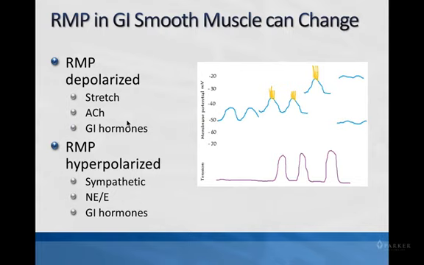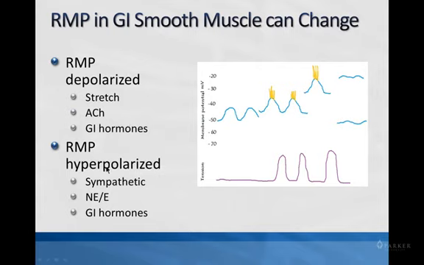That will cause the membrane potential to become depolarized and increase the likelihood that you'll generate an action potential. There are certain GI hormones that can also do this. So some GI hormones are stimulatory in regards to GI smooth muscle.